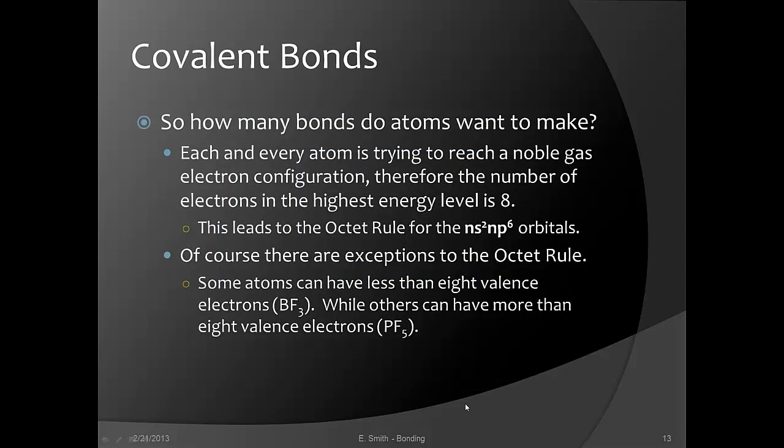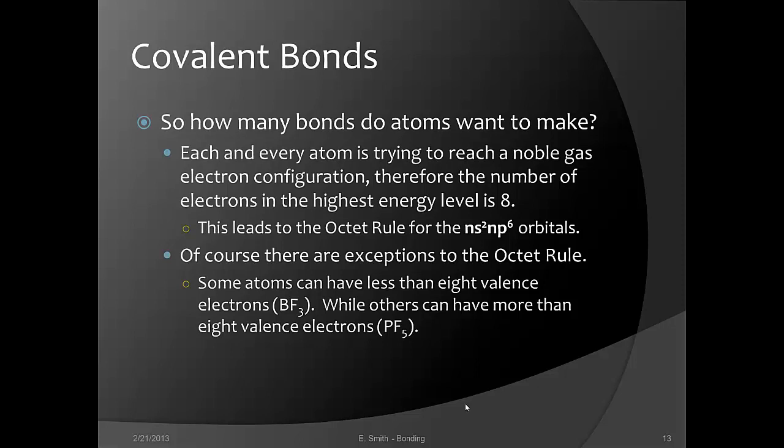So how many bonds does an atom really want to make? Well, it all depends upon how many valence electrons it has. Remember, the magic number and what all atoms are trying to achieve is 8 valence electrons, okay? And the reason it's 8 is because of the noble gases. They are the most stable atoms on the Earth.